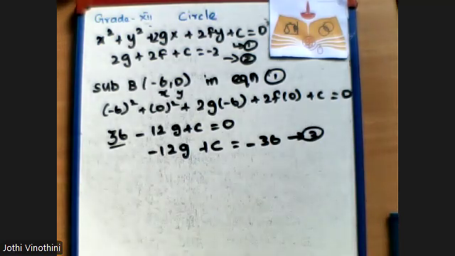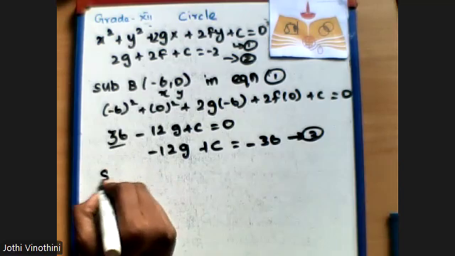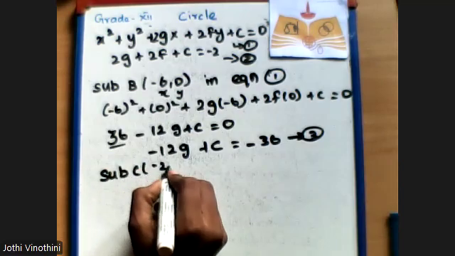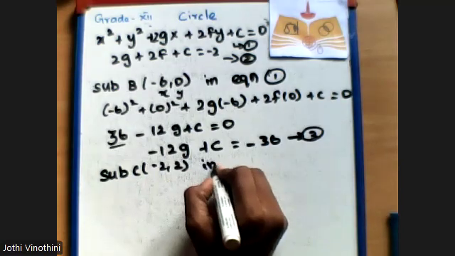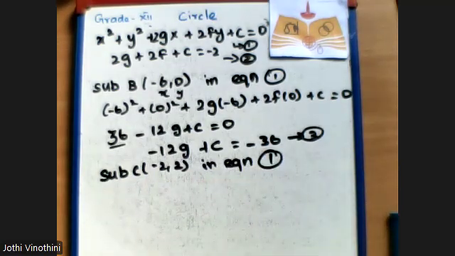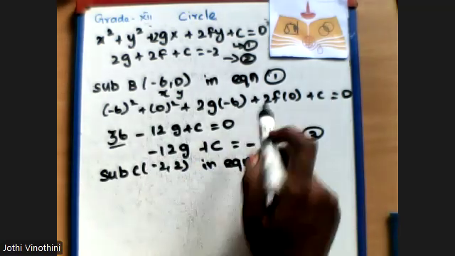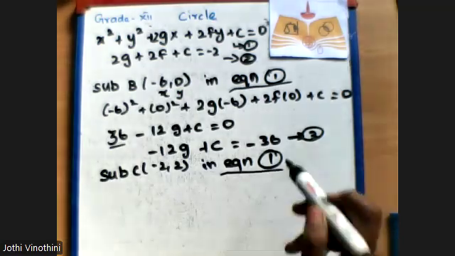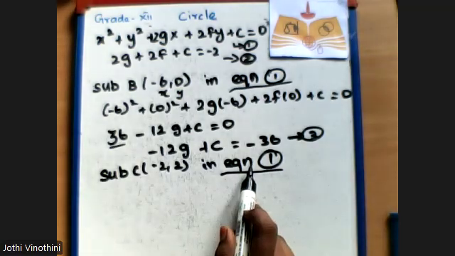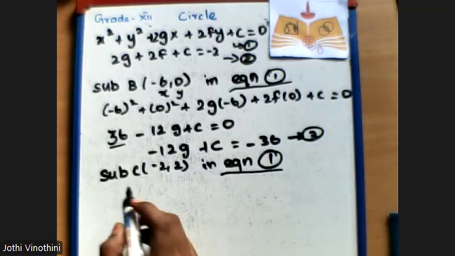Clear? Just like this, we are going to substitute C (-2, 2) in equation 1. Remember, we are substituting points A, B, C, all the points in equation 1 only. Clear?